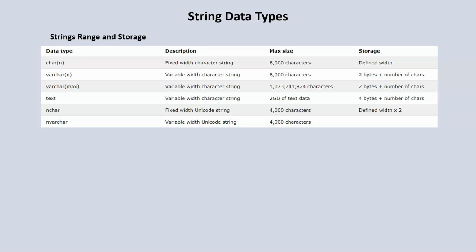But with NCHAR, if for instance you'll be working with characters in German, then you would need to use NCHAR because that allows you to store non-English language characters. And NVARCHAR just means that, similar to VARCHAR, it's a variable width Unicode string, and you can store up to 4,000 characters in that.